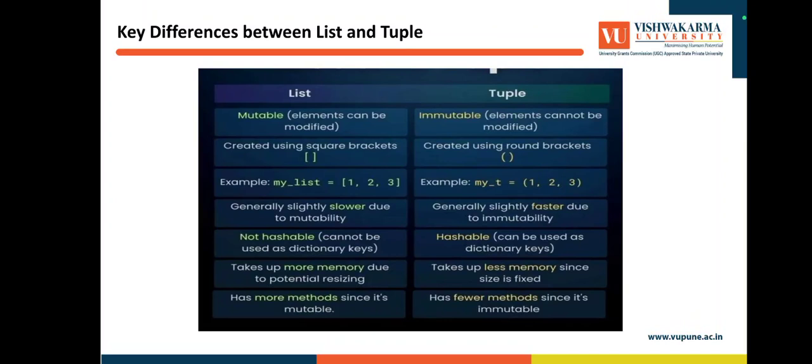A tuple has fewer methods since it is immutable, which means we cannot make changes or modifications. Okay, thank you so much.